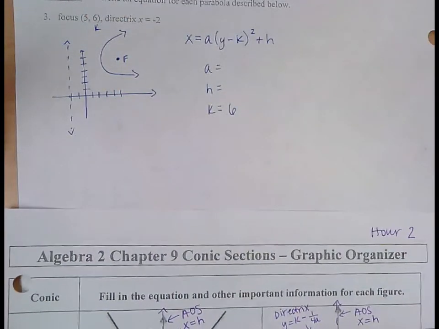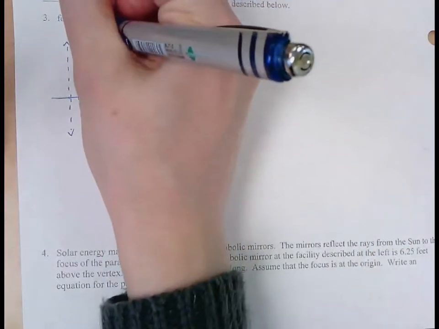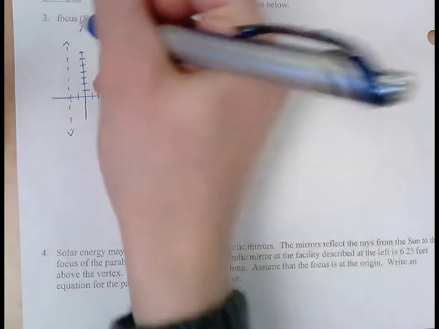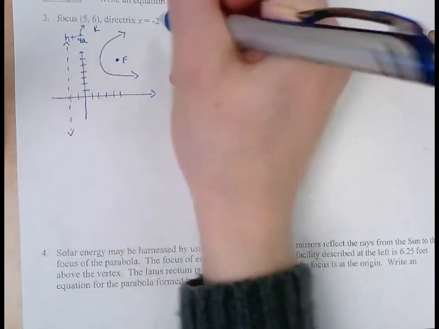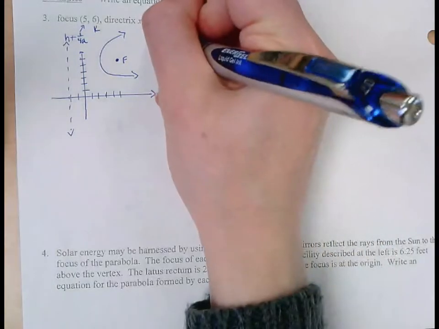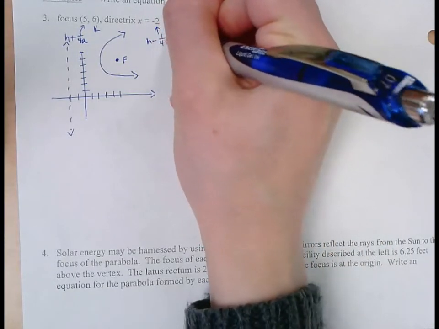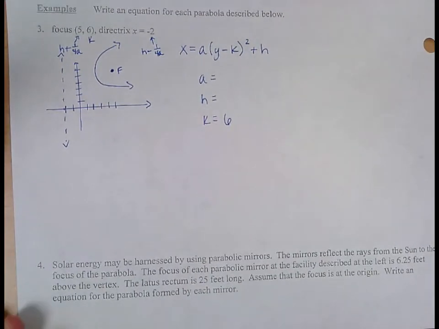But then for the x value of the focus and then also for the directrix, we have formulas for both of those. So we don't know h or a. The x value of the focus is h plus 1 over 4a, and the directrix is x equals h minus 1 over 4a. So what I have to do here is actually set up 2 equations.